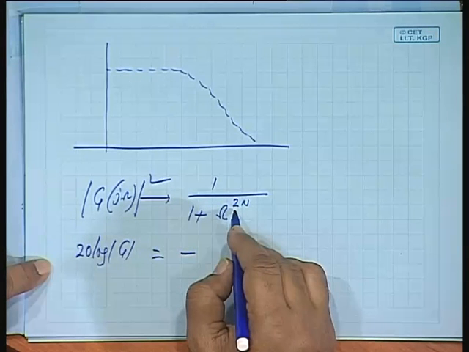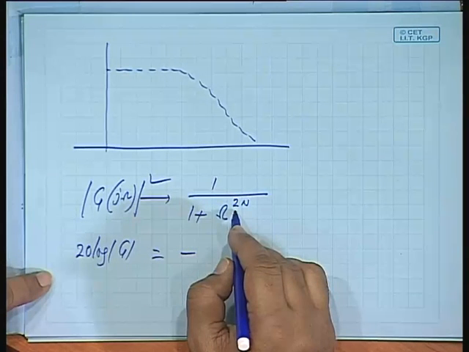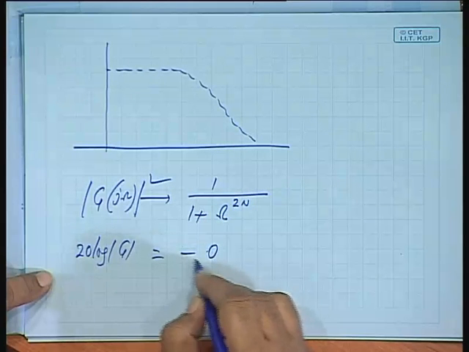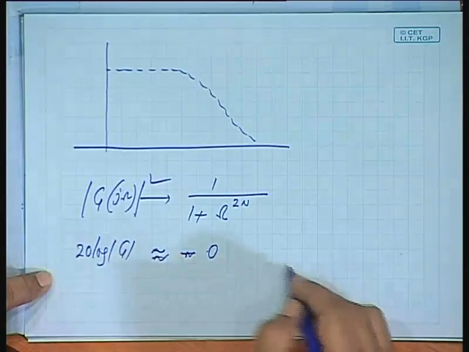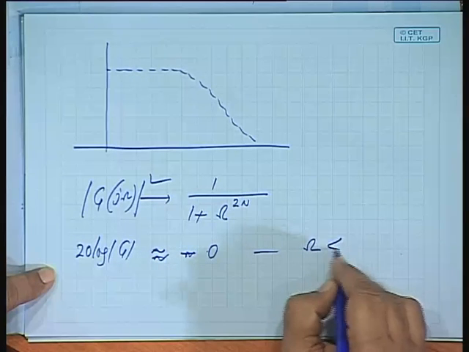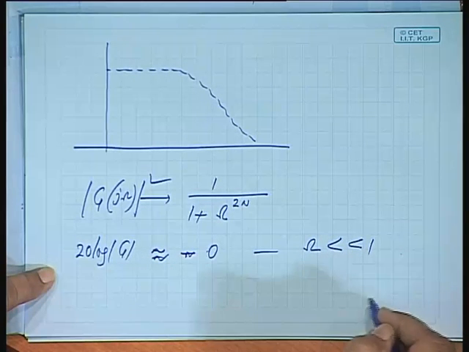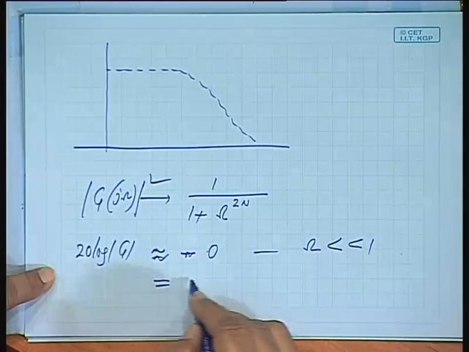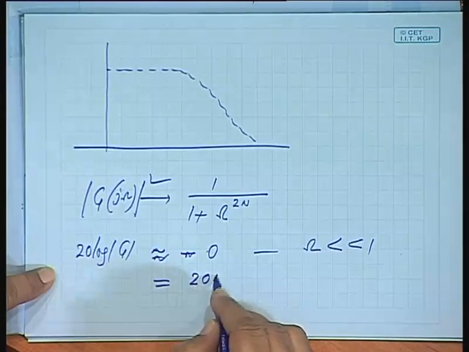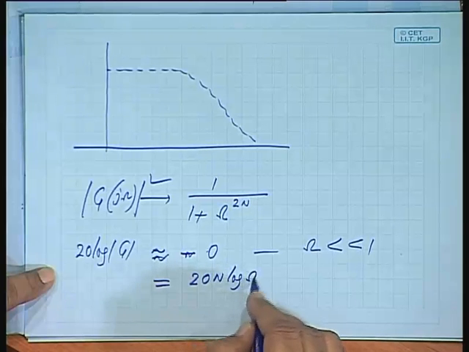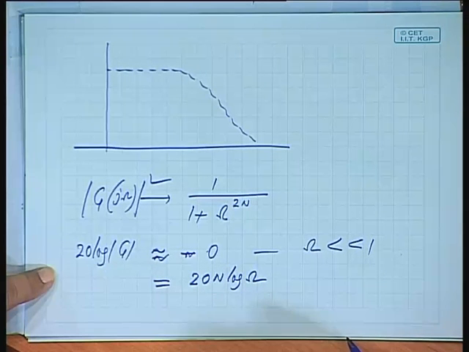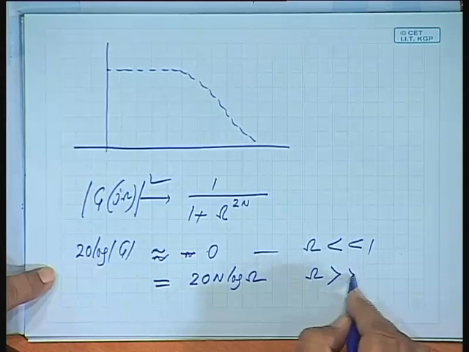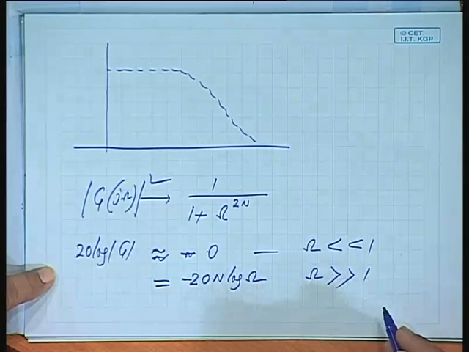When omega is very, very small, this will be approximately 1, so log of 1 is 0, that will be approximately equal to 0 when omega is small. When omega is very large, it will be 20 n log omega. If n is the order, then 20 n log of omega, when omega is much greater than 1.